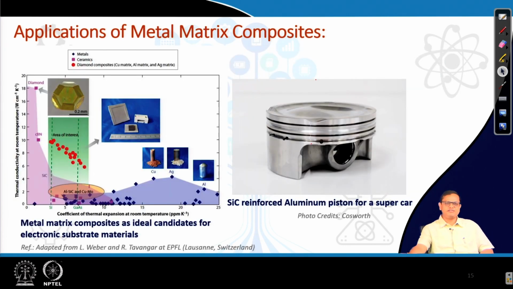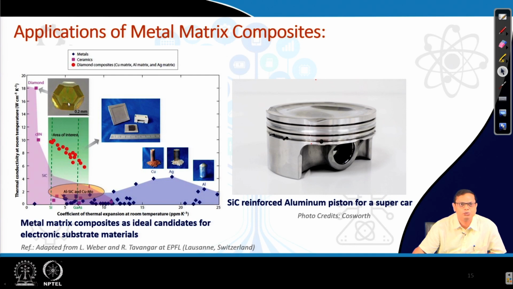Similarly, again there are a lot of different kinds of applications. In this particular case, what has been shown here is electronic substrate materials, where we look for good thermal conductivity, and you also do not want a very high amount of thermal expansion. Okay.